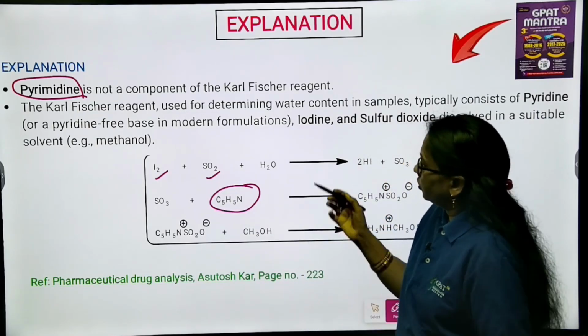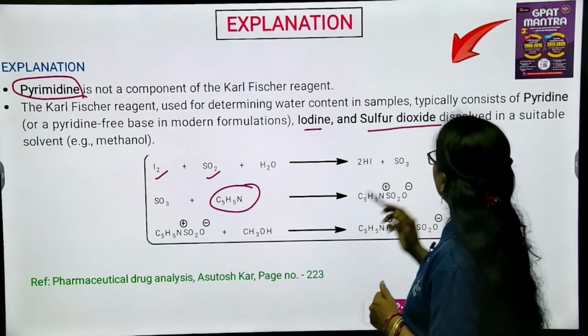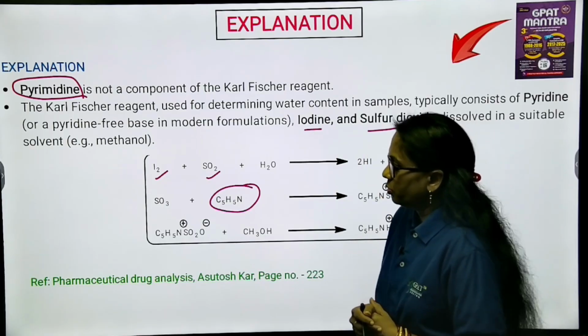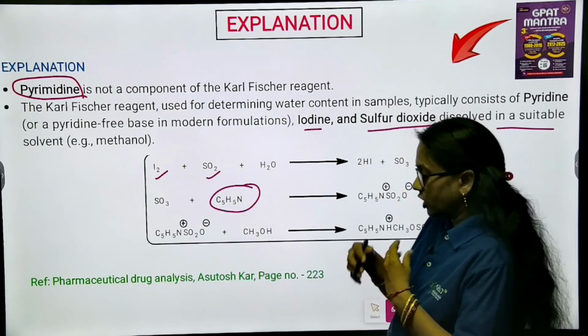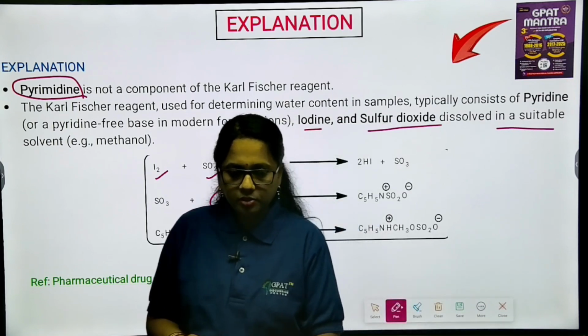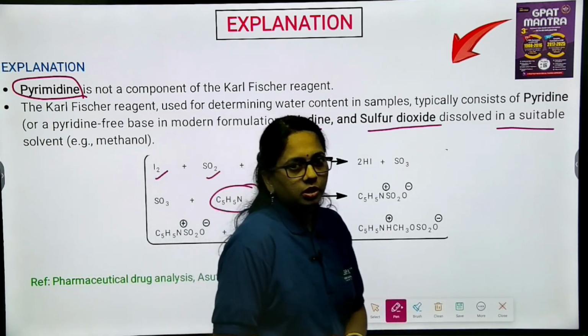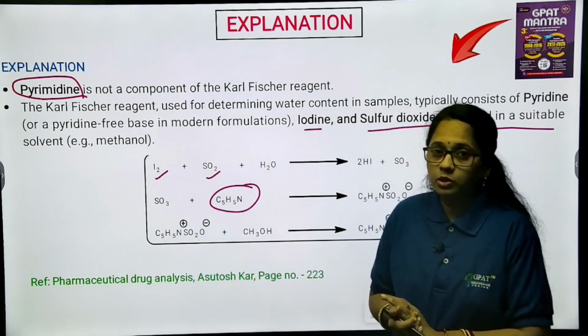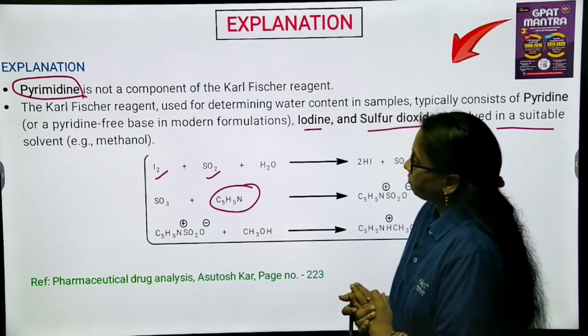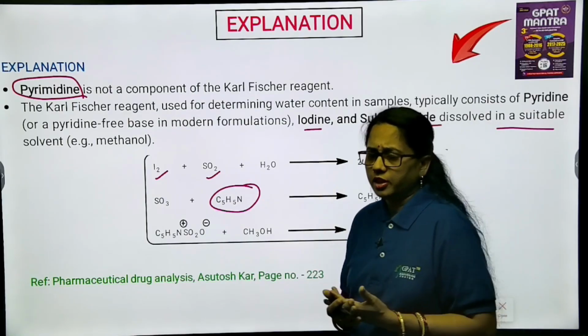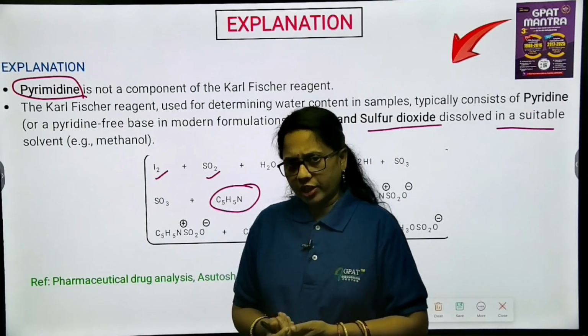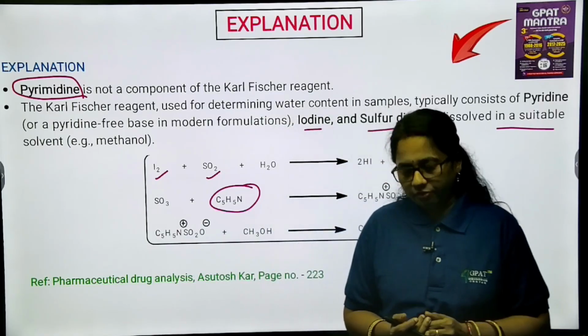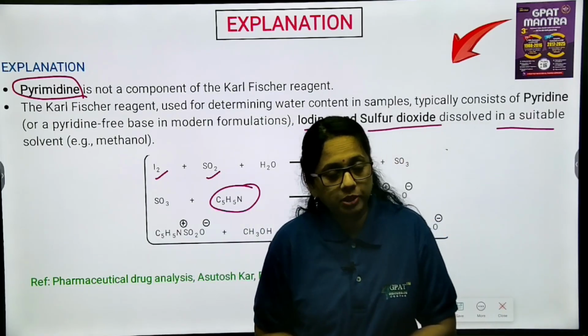We know that iodine and sulfur dioxide are initially dissolved in a solvent like methanol. That methanol is also free from water content, and the KF reagent needs to be standardized every day, and we need to determine the KF factor by using disodium tartrate dihydrate.